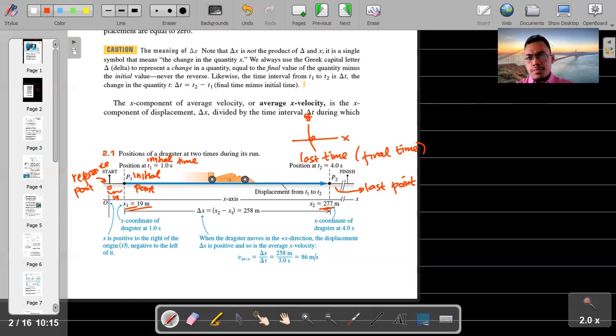Now let's conclude here. What data have we obtained from this example?